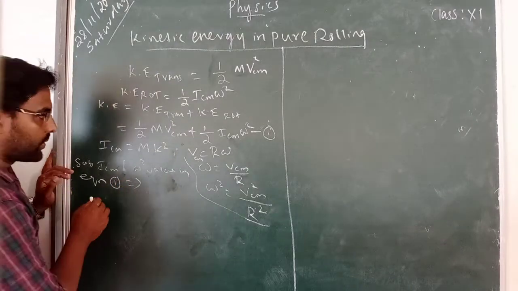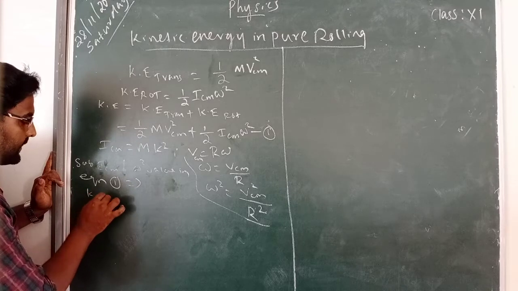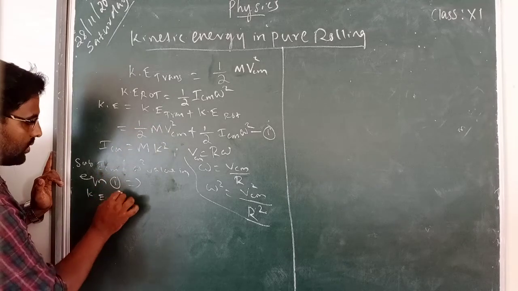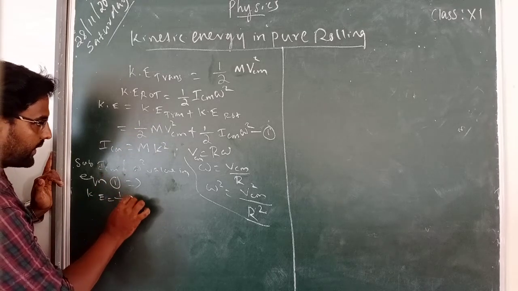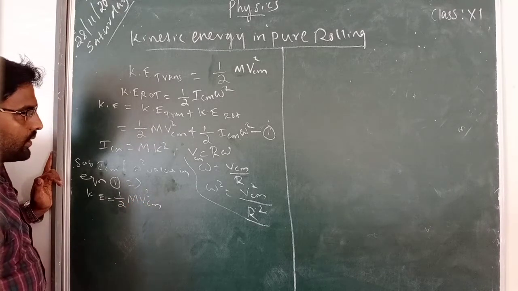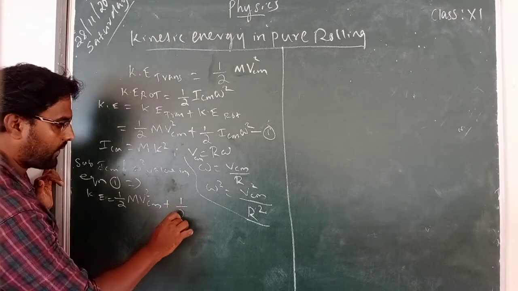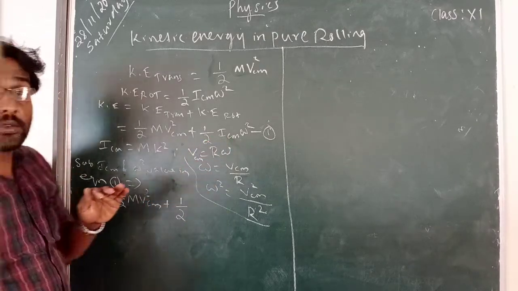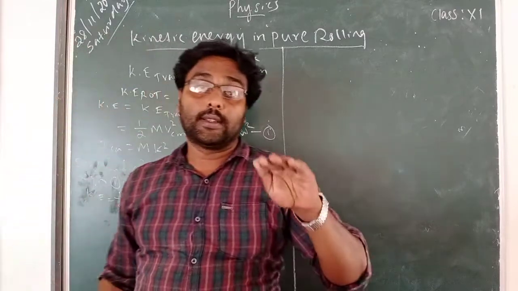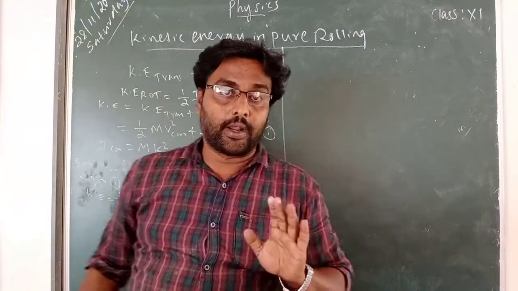Now I am substituting these two. What will come? Kinetic energy is equal to half m v square cm plus half, instead of ICM, because we are finding these with the center of mass as reference point.